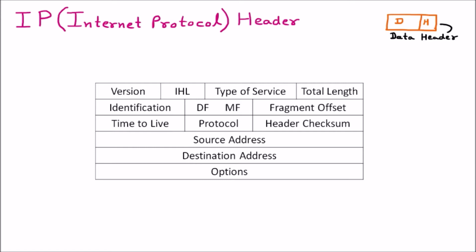The header is the main thing which contains all the information: where the packet will go, what the source address and destination address are, how many packet sequences there are, what the total length is, and trailing that header we have the data. So this is the format of a packet whenever it is sent from a source to a destination.